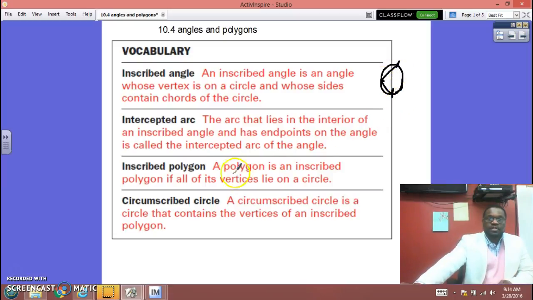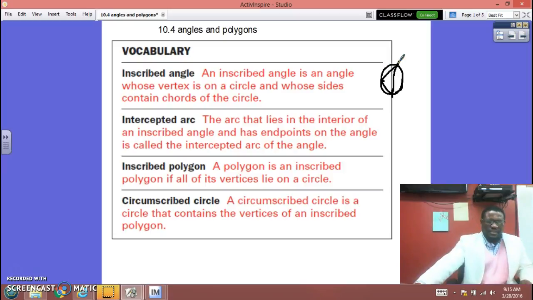All right. An inscribed polygon is a polygon where all its vertices lie on a circle. So if I made this right here into a triangle, that's a polygon, and all its vertices are on the circle, so this is called an inscribed polygon.